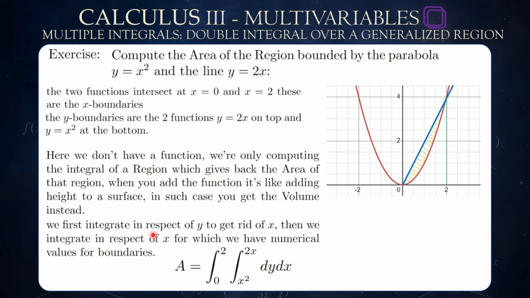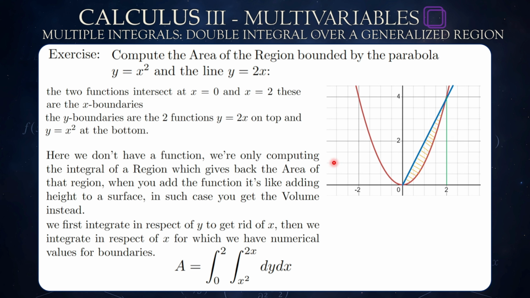We first integrate with respect to y to get rid of x. Then we integrate with respect to x, for which we have numerical values for boundaries. Okay, so A equal integral from 0 to 2, then integral from x squared to 2x dy. We solve dy first, then we integrate with respect to x to get real values.